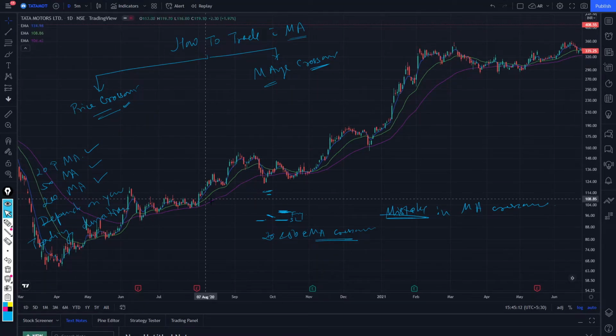With the price crossover, your entry will be quick and exit will also be quick. Because here the price is crossing below, you will have to exit here, then again you have to enter here. So in the price crossover method there are multiple entries and exits, and it will be quick.